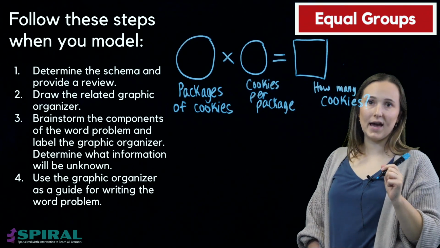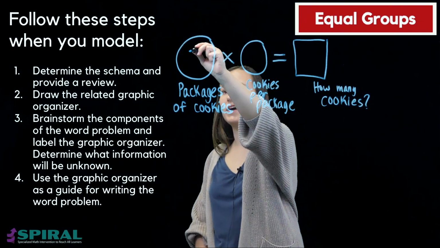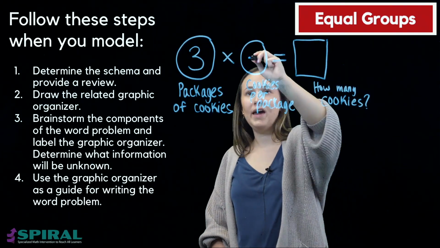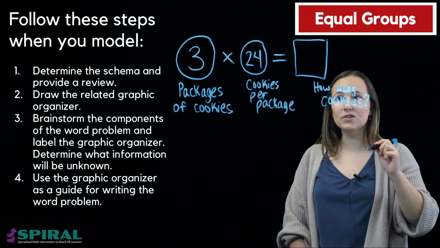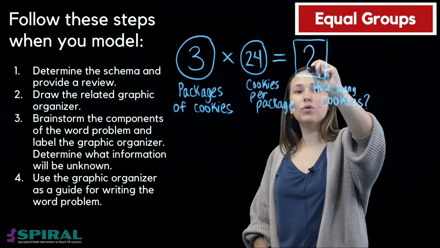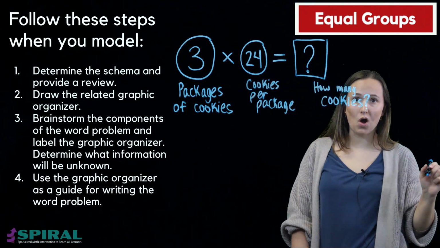So I'm going to say that I am buying 3 packages of cookies, and there are 24 cookies per package, and I want my unknown amount to be the product.